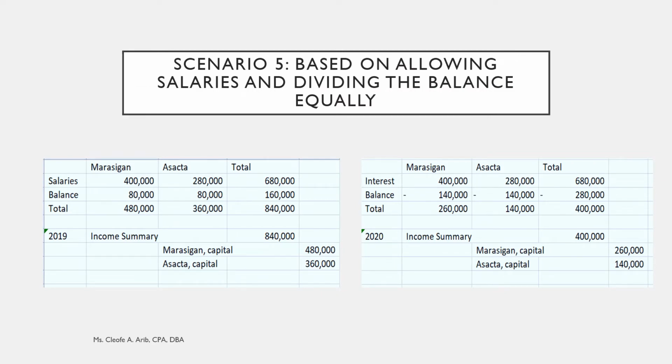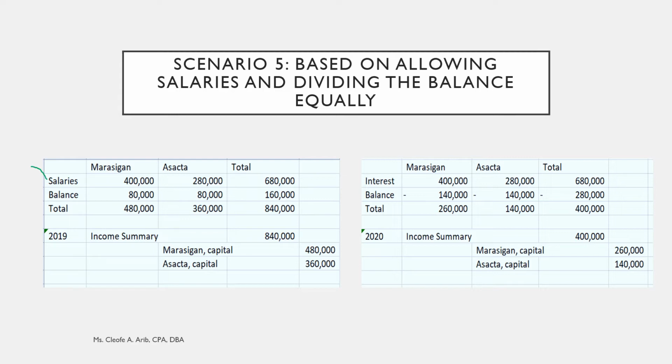Now, let's see scenario number 5. Anong sabi dito? P&L is based on allowing salaries, so hindi interest, this time salaries, and whatever balance there is, it will be divided equally. So, anong ginawa ko? Instead of using interest as a descriptor, pinalitan ko lang ng salaries.